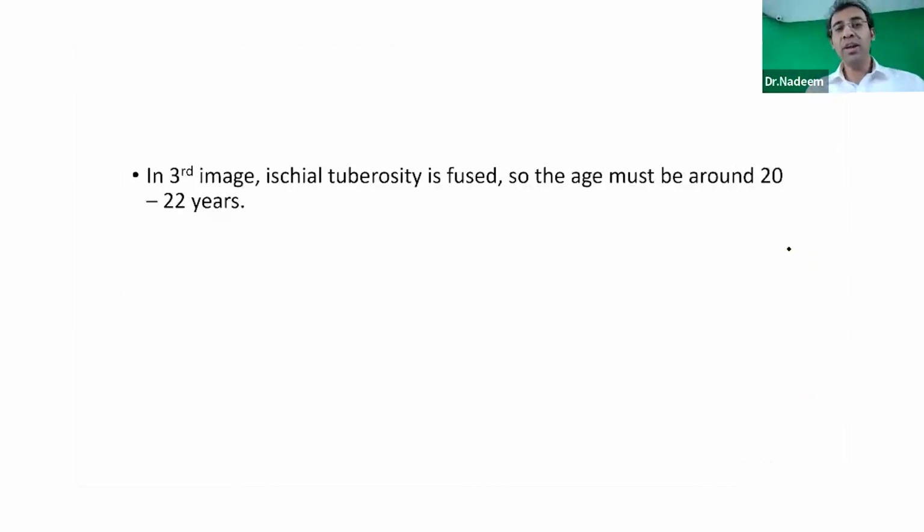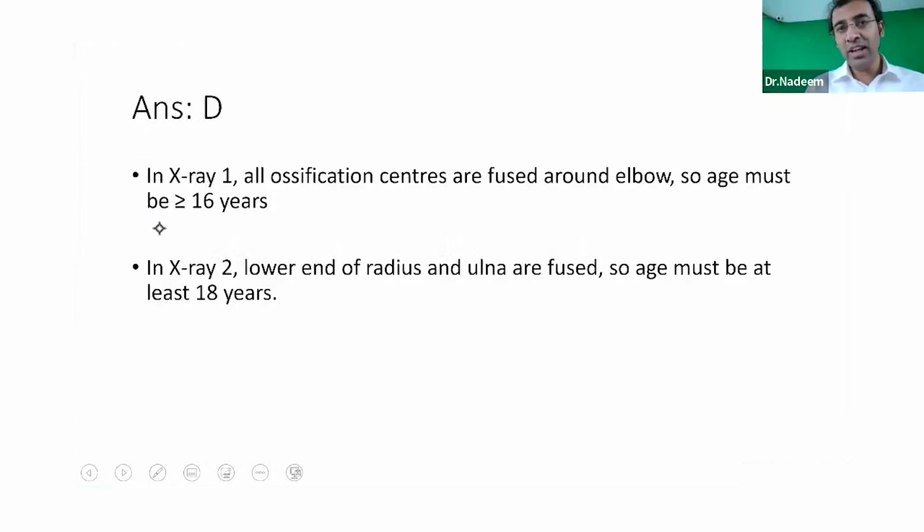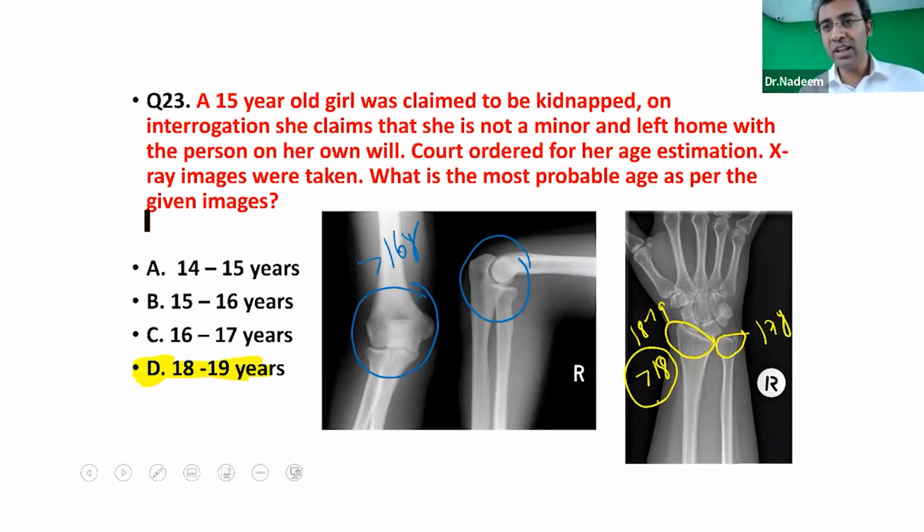Yes, now the age will be more than 20. Please understand that I have not seen this question in MCI before, but I have seen this question in AIIMS and other PG exams. You can anticipate this question. Very important question for the June exam. This will be more than 20 years, 20 to 22. Next.